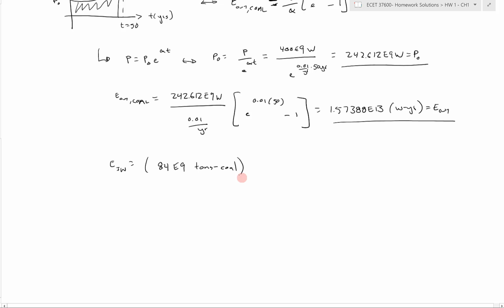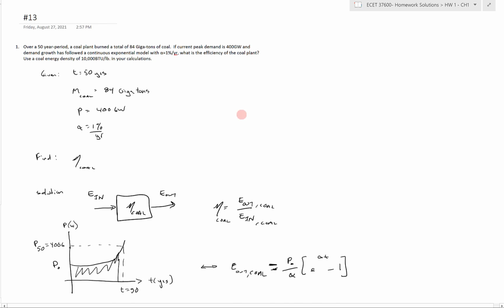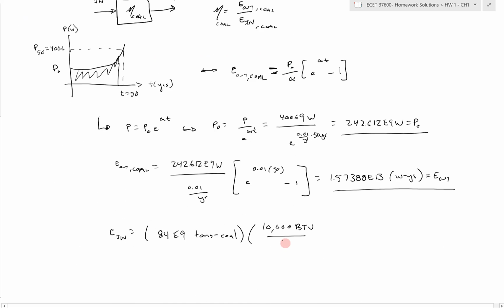That's how much mass we had in. We need to now convert that over. The conversion rate given in the problem statement was 10,000 BTU per pound of coal.